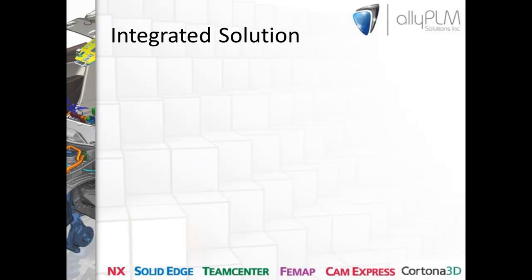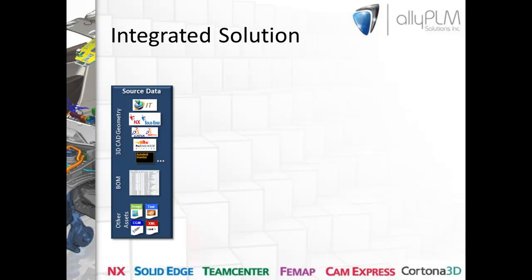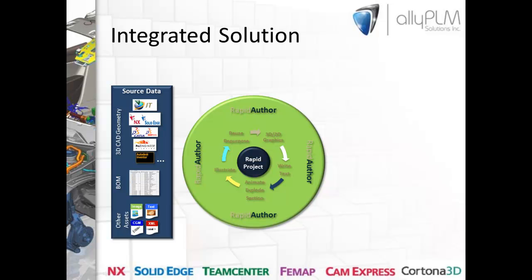So if we were to look at the typical workflow of the integrated solution that Cortona3D offers, it would look something like this. It all begins with your source data, which is typically 3D CAD geometry. Maybe we have an associated bill of materials and other assets such as 2D illustrations. And so we take all of our source geometry and import it into one of the 3 main modules of the Rapid Author suite of tools to begin authoring our technical publication.